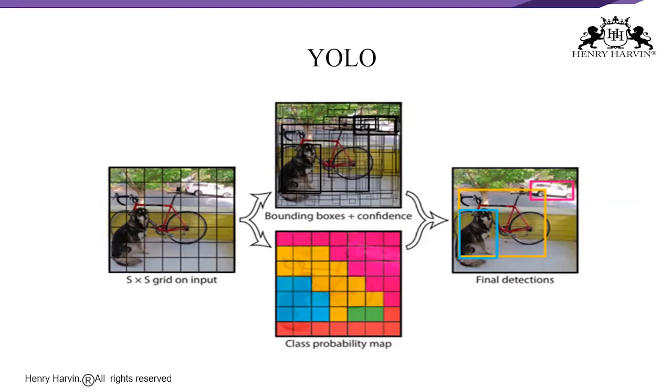Let's say it generates a fixed number of proposals, say 40. Then it is 40 into 4, because we have 4 coordinates. So each cell will predict 40 into 4, but we also add 1 over here. The 1 is nothing but the confidence.